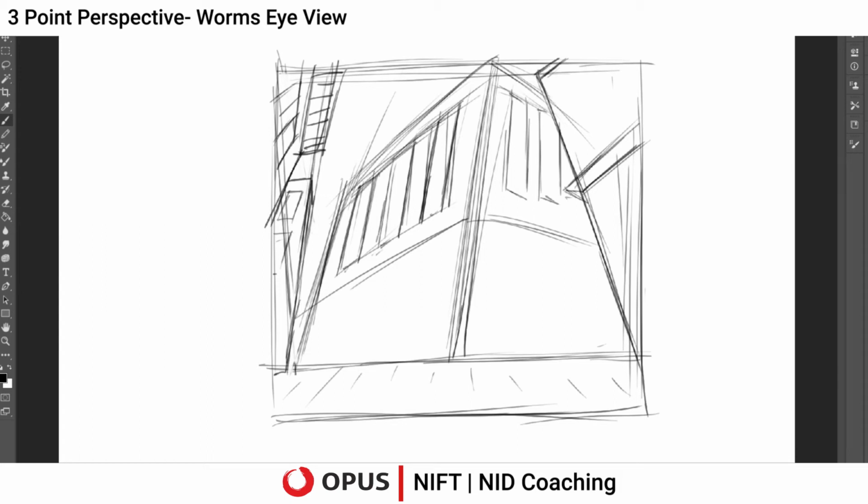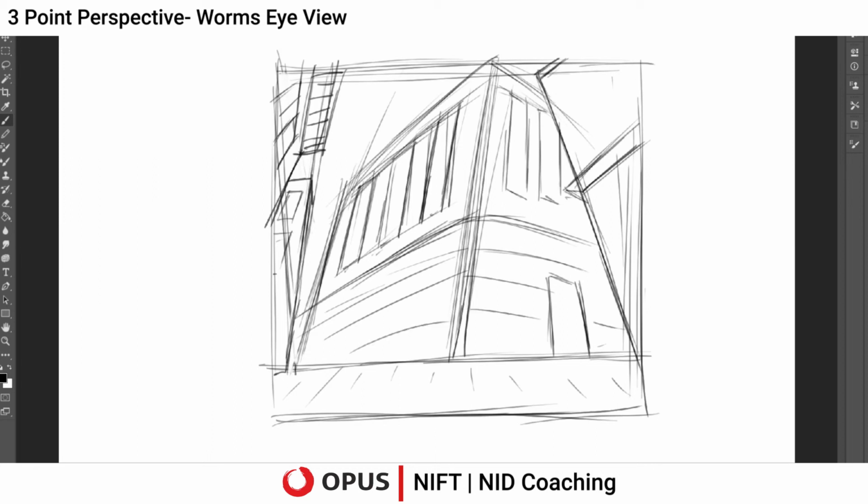So this is what is important, and that is what you have to achieve through your drawings, so that you have that crucial feel in your drawings that it is being viewed from a very low angle.